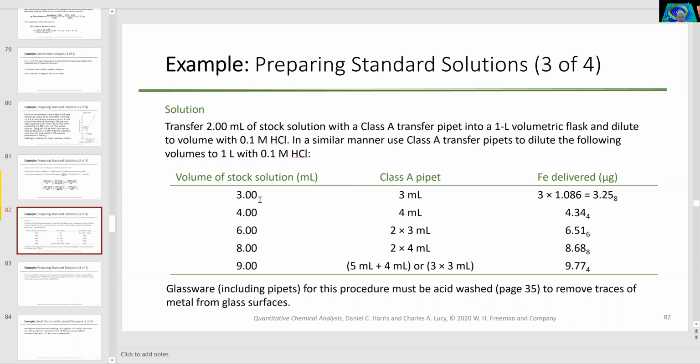So this is, we take 3 mils, dilute to 1 liter. And you're going to be fired if you create 5 liters of 0.1 molar hydrochloric acid.